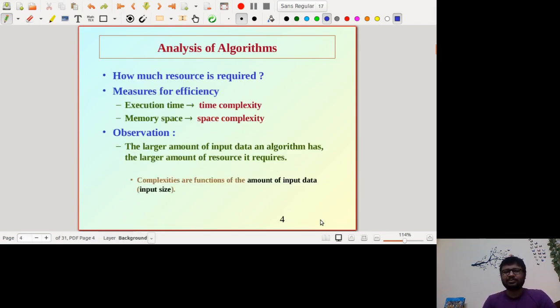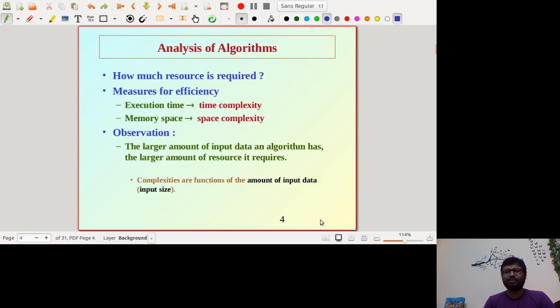How much resource is required? Measures of efficiency: execution time, which is often called time complexity, and memory space, which is often called space complexity. This is a fundamental observation which we made in the last slide, which is that the larger the amount of input data, the larger is the amount of resources it requires.